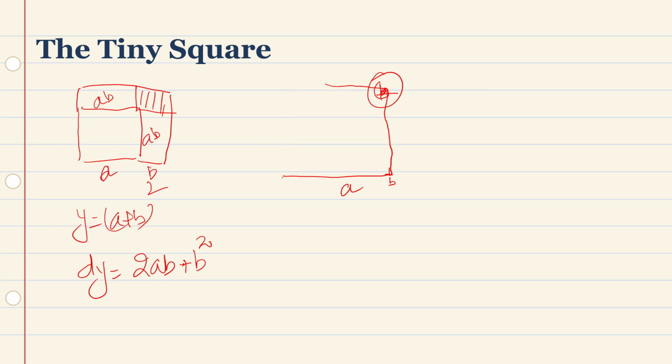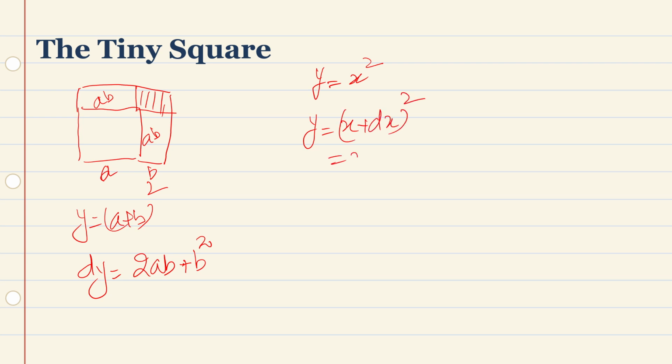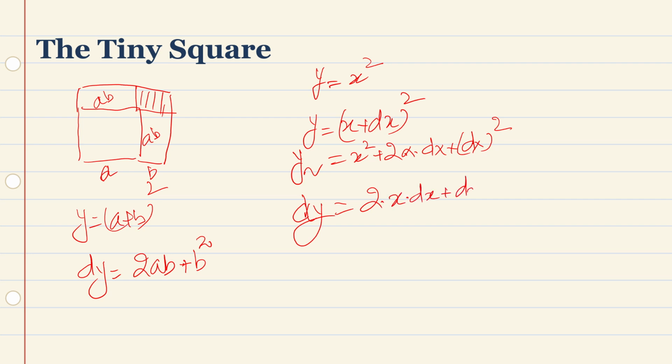Now let's extend this to our calculus equation, y equal x squared, where we establish that if we change x by dx, the new value of x is x plus dx, and the change in value of y is 2x dx plus dx squared.